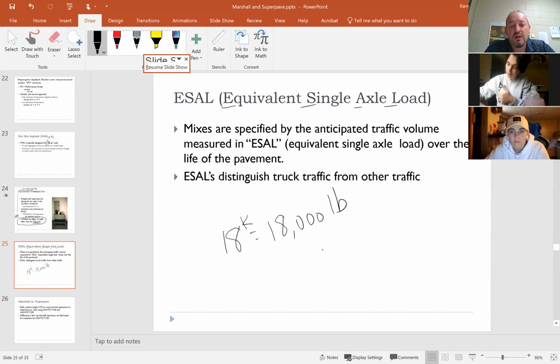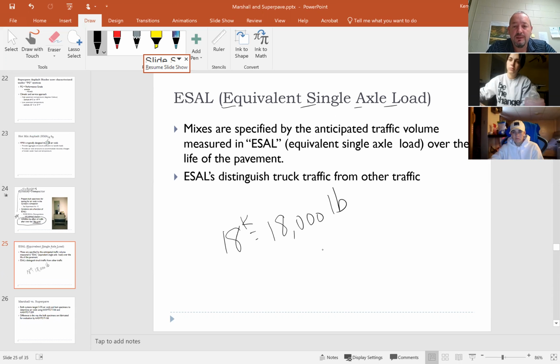Okay, good. All right. So, one thing that you get from this, if we're going to design most pavements, and you're talking about roadways on an ESAL, is that light passenger cars and trucks really have very little detrimental effect on the life of a pavement. We're really interested in that heavy truck traffic.